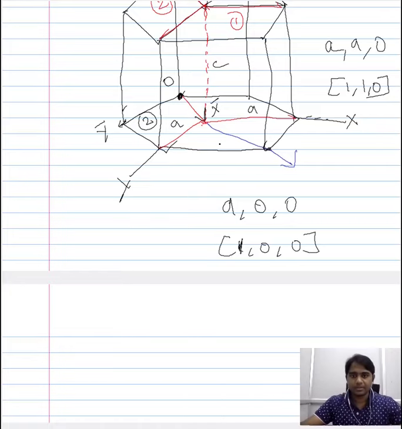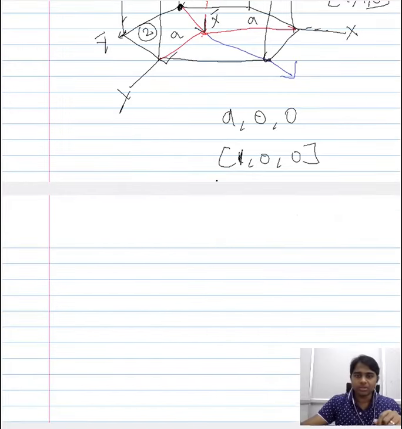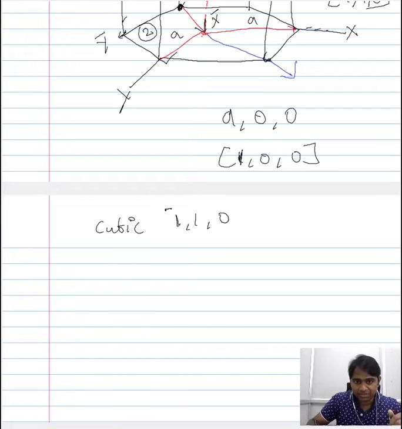However, there is a difficulty in this. Whenever you talk about a cubic system, the family of directions or the family of planes is usually the permutation of the indices involved. Supposing you have Miller indices 1, 1, 0, and these indices represent a direction, then the family of that direction would be the permutation of these integers.